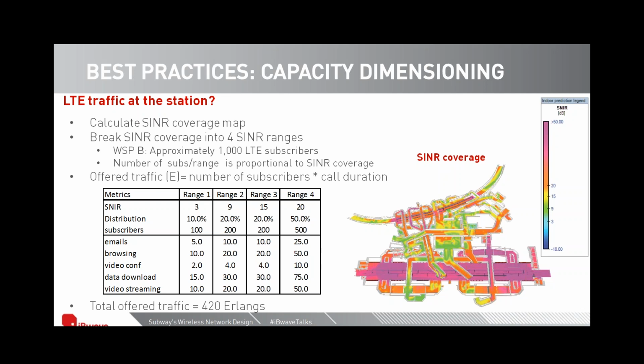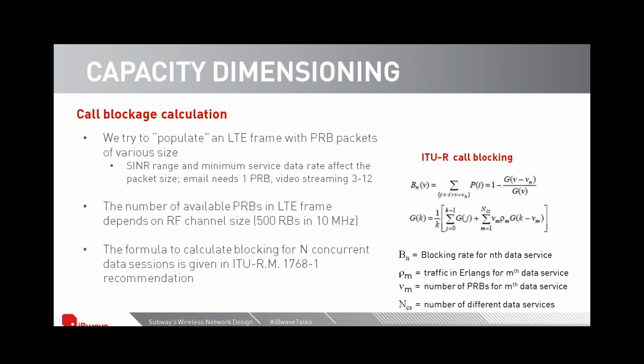That's how we get the entry of 20 erlangs for browsing in ranges 2 and 3. When we sum up all the entries, we get total offered traffic of 420 erlangs. So this is attempted traffic by those 1,000 LTE subscribers.